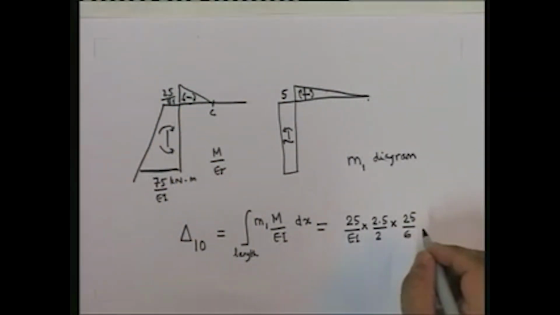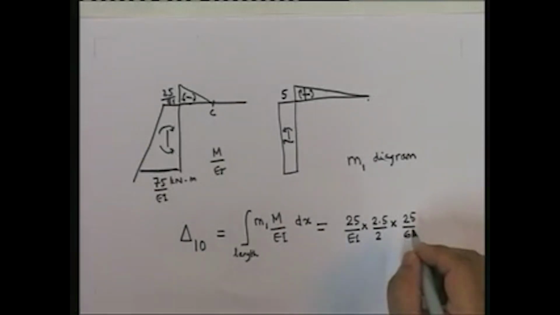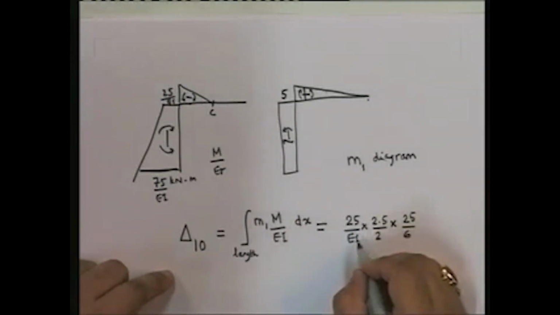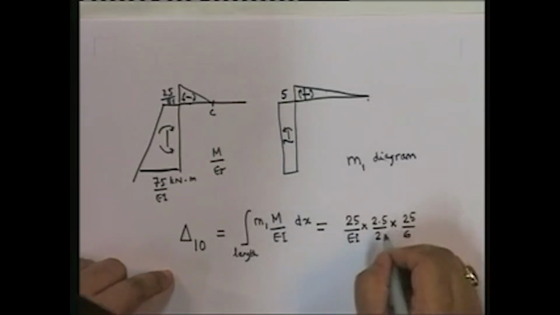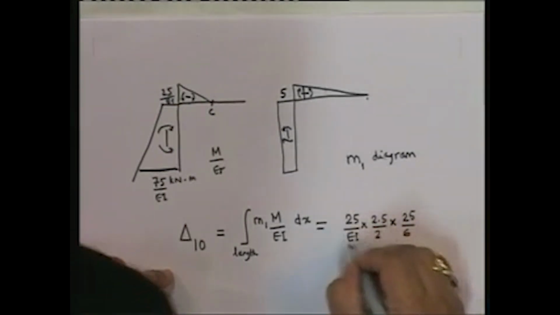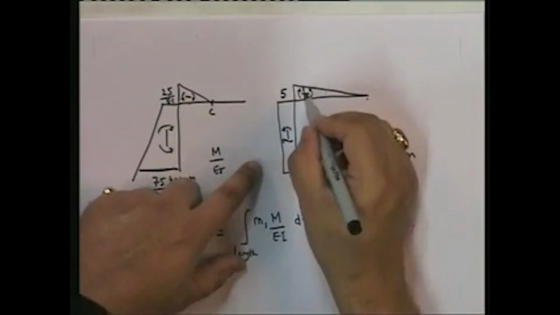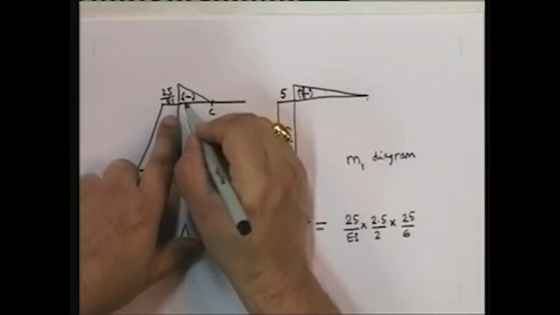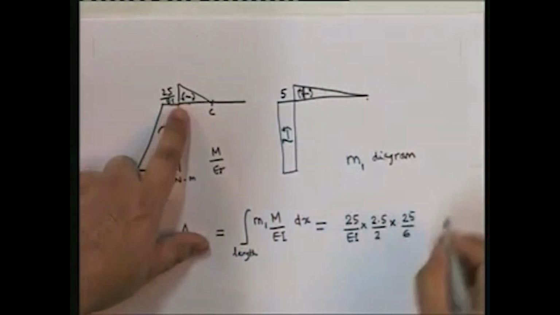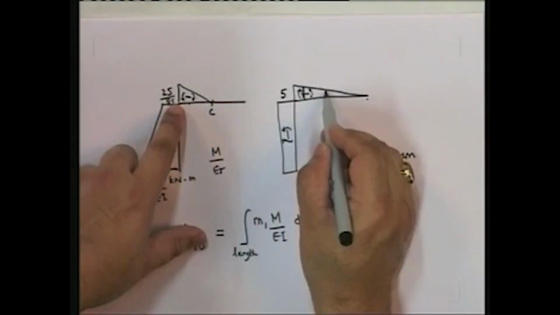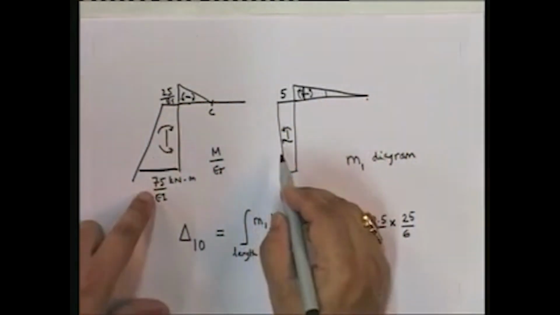Is that clear? So it's going to be equal to 25 upon EI multiplied by 2.5 by 2, this is the area of this curve, multiplied by 25 by 6, which is the value at the centroid of this. This is the integral of this area, the integration over this length.